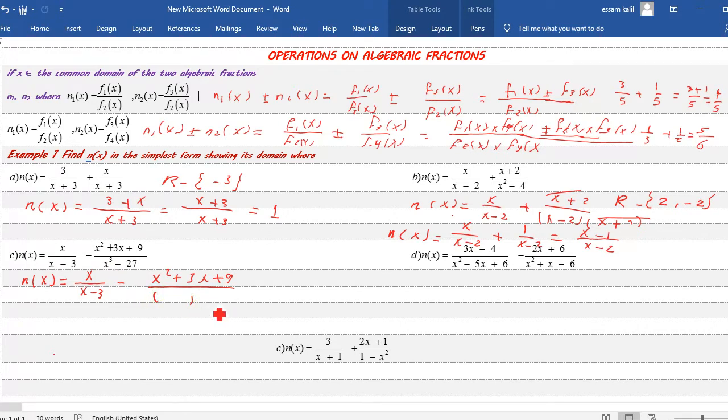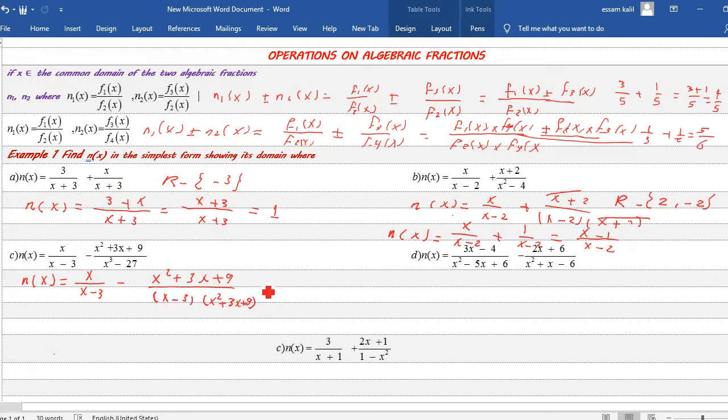Open two brackets, greatest and smallest, so it becomes x and x power 2 minus 3, so this becomes 9. This is negative, so this becomes positive. Multiplying x times 3, so it becomes 3x.